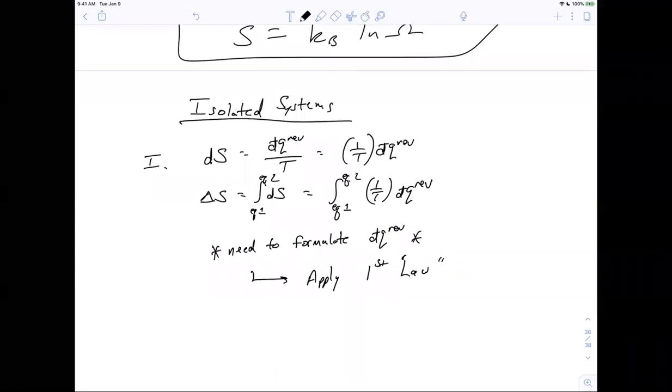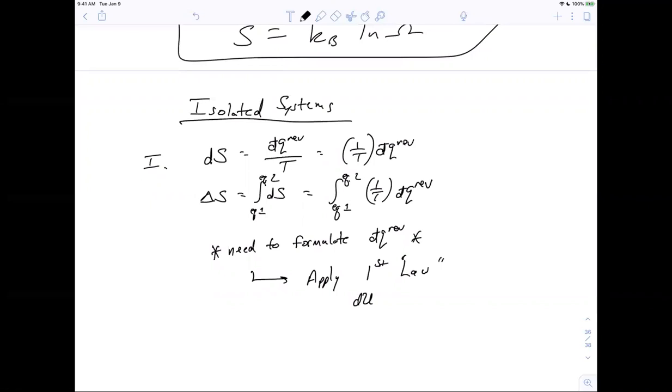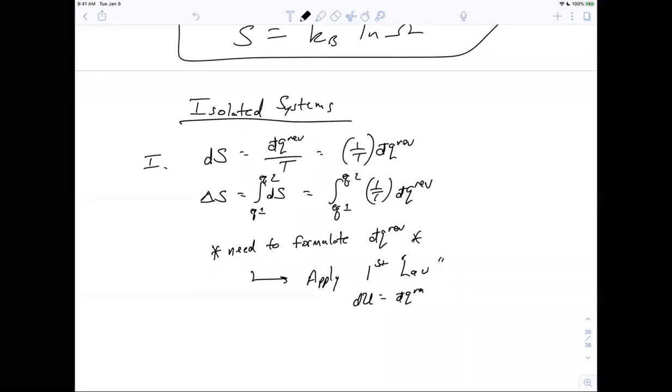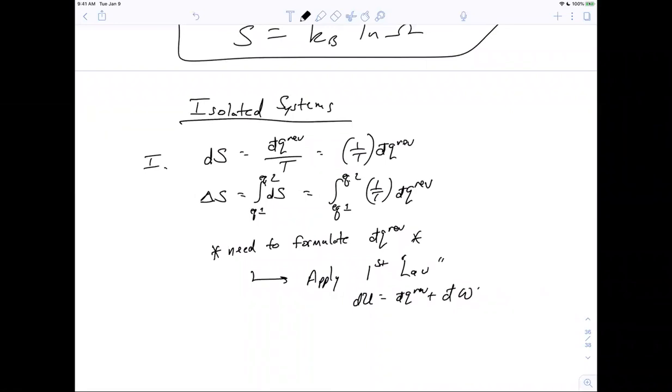So you know the first law, it's pretty simple. dU is equal to dQ reversible plus dW reversible. And there you go.